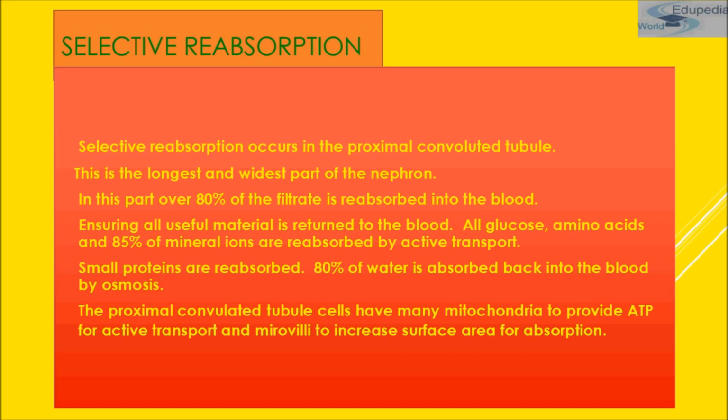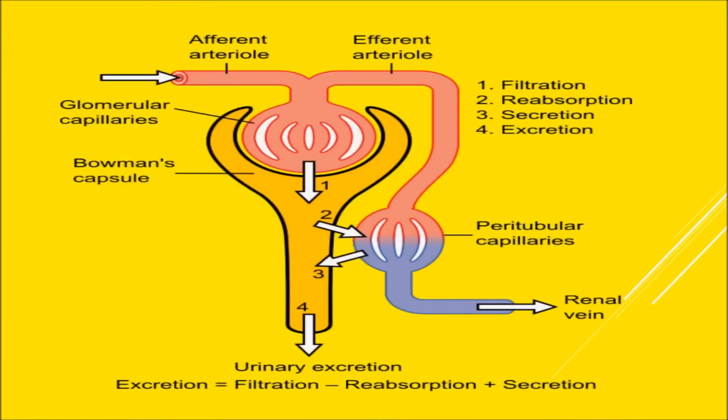So the glomerular filtrate passes through the renal tubule. See, this is the second step, and this is ultrafiltration. Ultrafiltration we have already studied, and then second comes reabsorption.